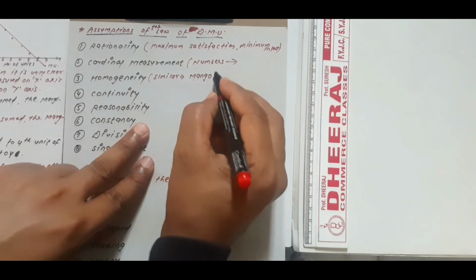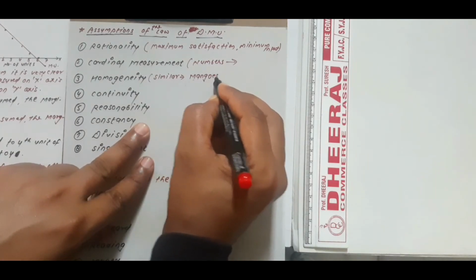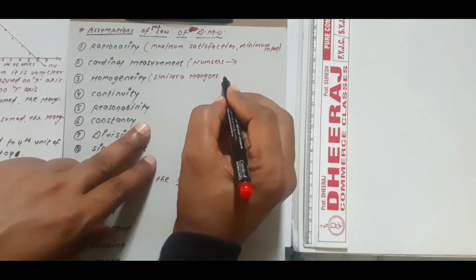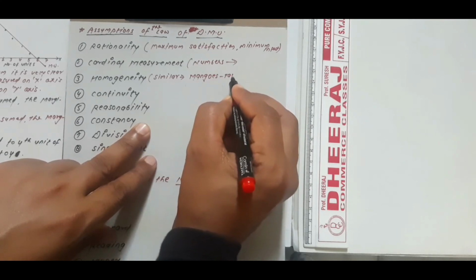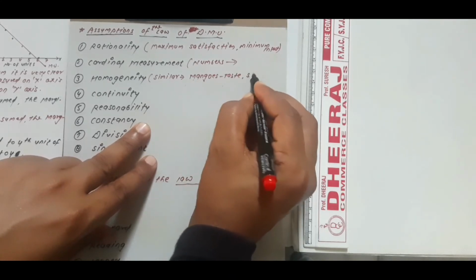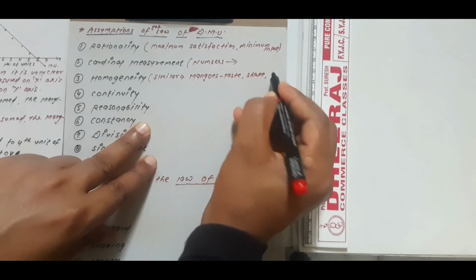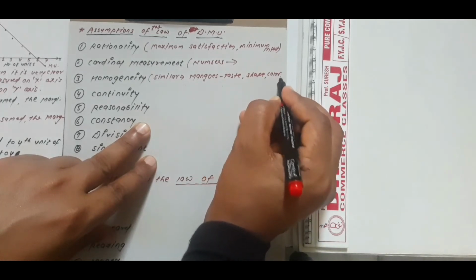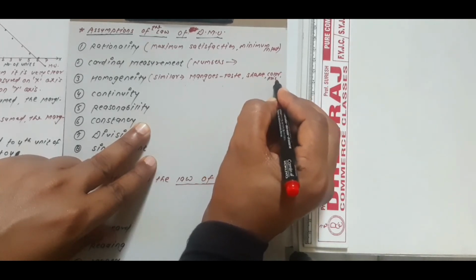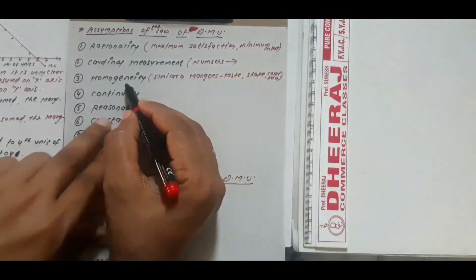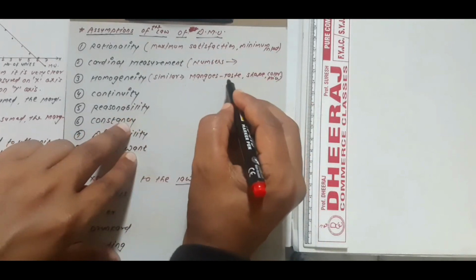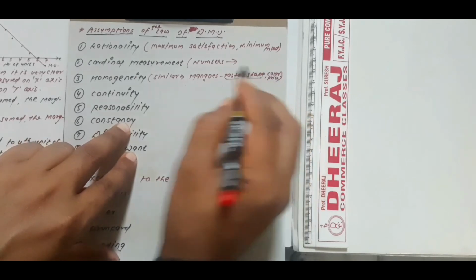Among all 7 mangoes there would be no change in taste, shape, color, price, or weight, nothing. This is homogeneity, but in reality it doesn't happen.